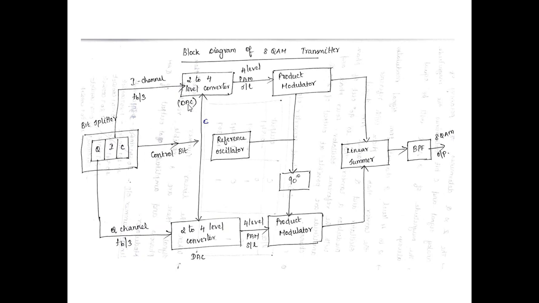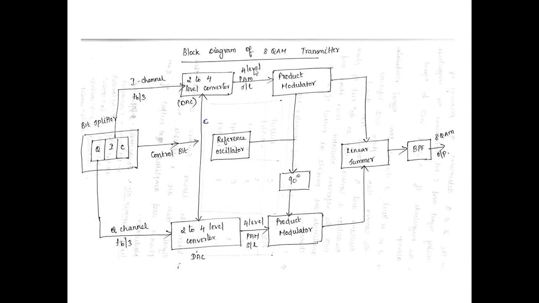Here is the digital to analog converter. This is a 2 to 4 level converter, because 2 bits come in, the I bit and the C bit, and it converts them into 4 PAM levels. Because the combination is 2 bits, it represents either 00, 01, 10 or 11, so there are 4 levels.